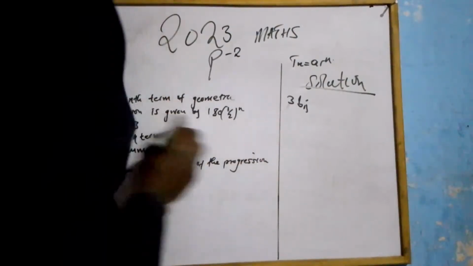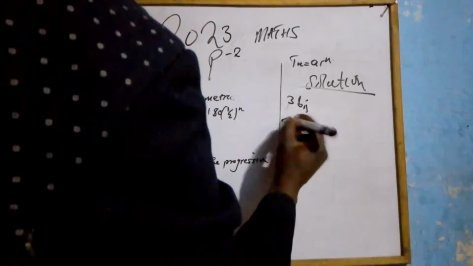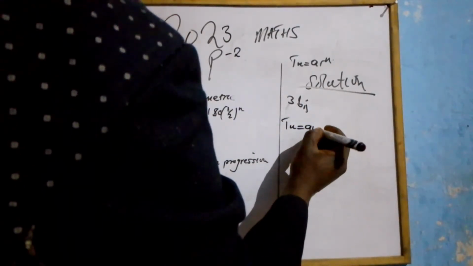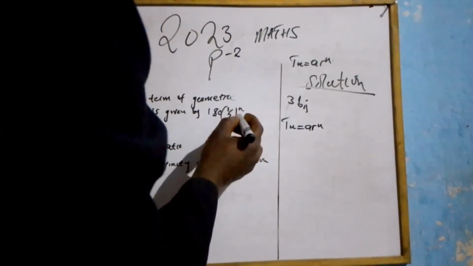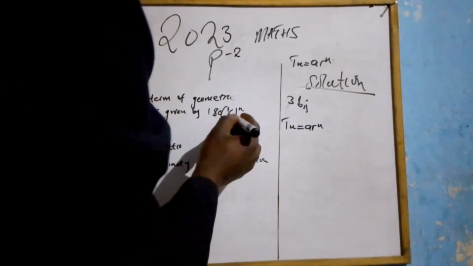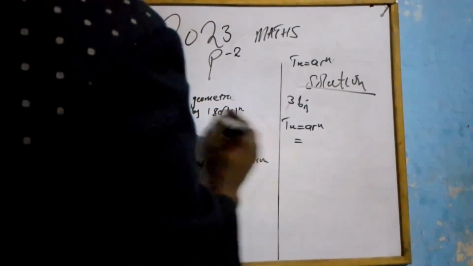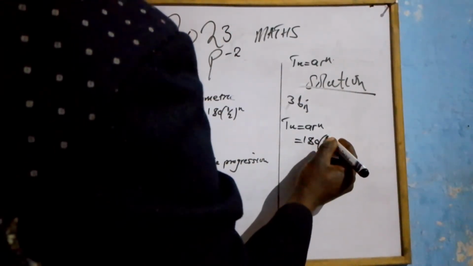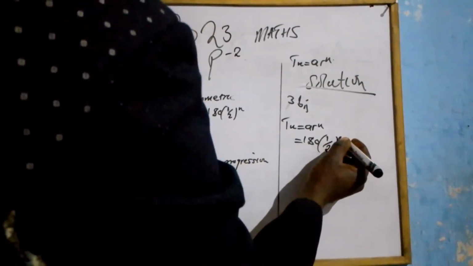So we are going to write this same formula here, which is Tn equals A R power n, because we have just used 1 over 2 power n. So it will be equal to 180 open bracket 1 over 2 power n.